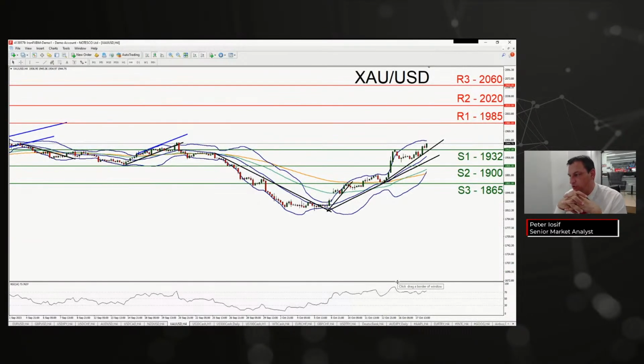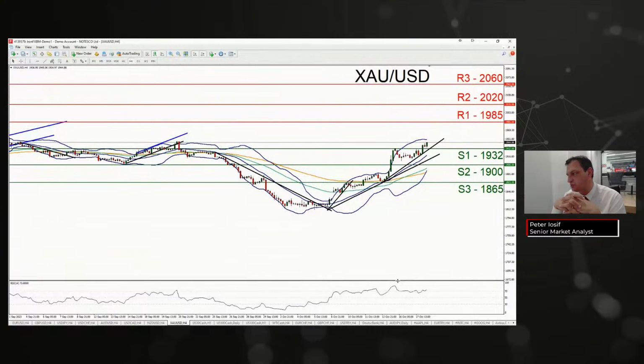Yet also the upward trend line, as well as the fact that the precious metal's price was able to surpass the 1932 obstacle, now turned to support, tends to highlight the bullish prospects for gold's price. There may be some mid levels, yes, but in my opinion, the road is open for the 1985.